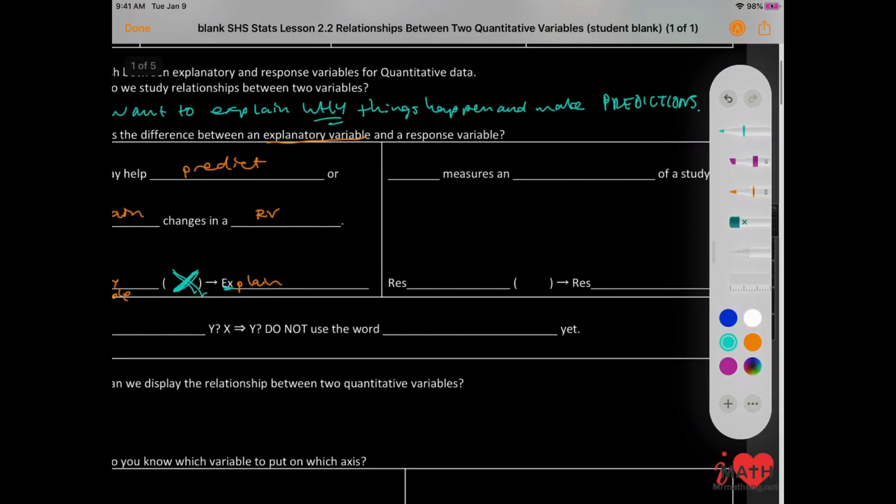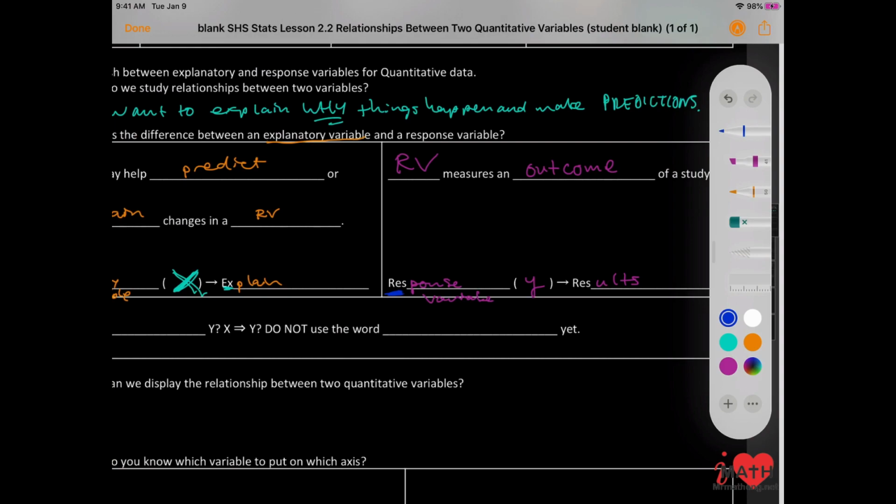And then last time we said that the RV measures an outcome of a study. The response variable, which is the y variable, focuses on the results.